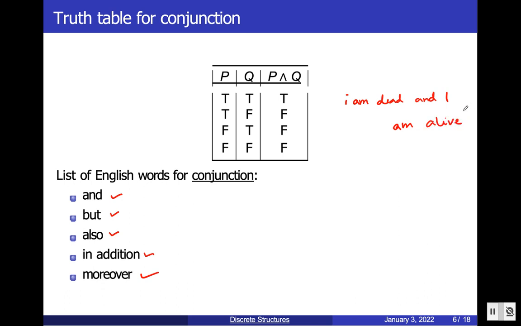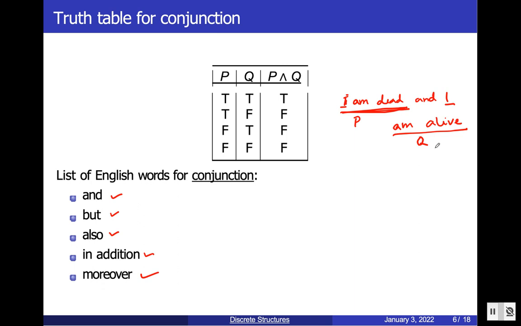So that's a statement. It looks very funny, it looks unreasonable, but still that's a statement. I'm saying that I am dead and I am alive. Let's give them names: I'm calling this sentence P, and this statement Q. What I'm saying is, I am both dead and alive.